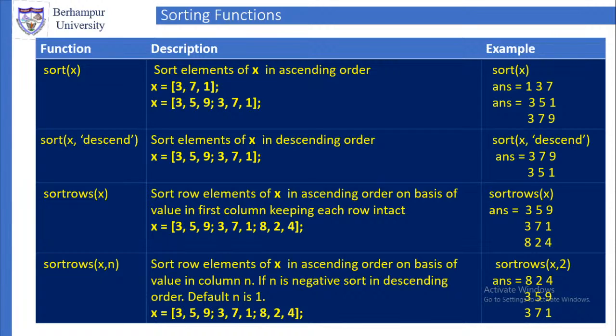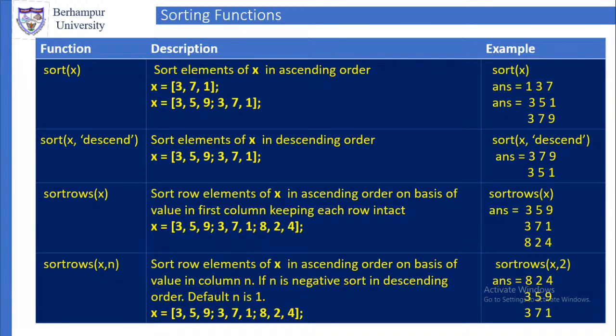The first column will be sorted, then the second column, then the third column, and these columns will be displayed. So the first column is 3, 3, the second column is 5, 7, the third column is 9, 1. When you sort it, it will be 1, 9. In ascending order, first will come 1, next will come 9. So it is 19. Then sort x descend.